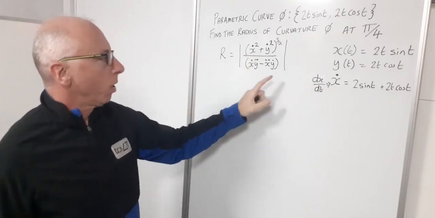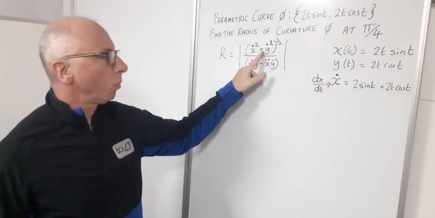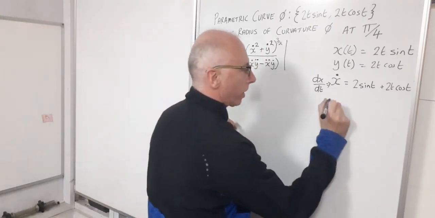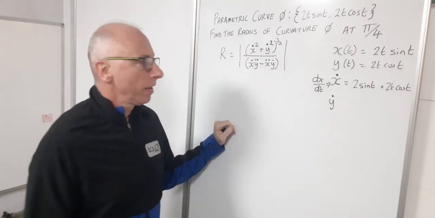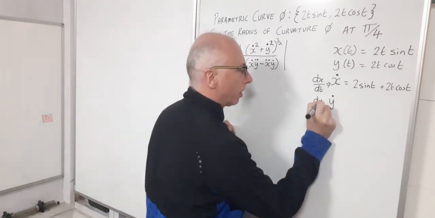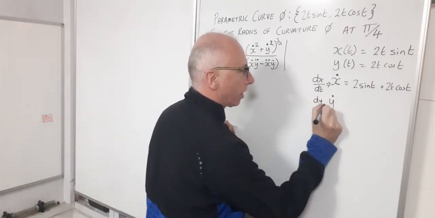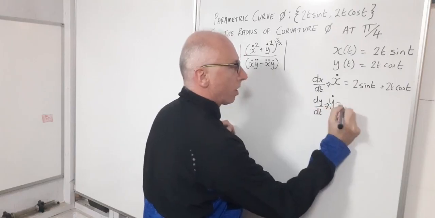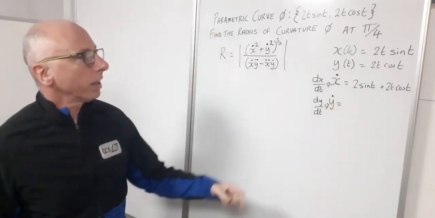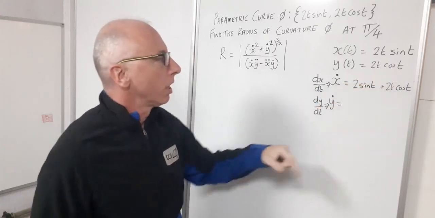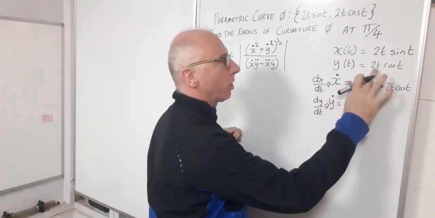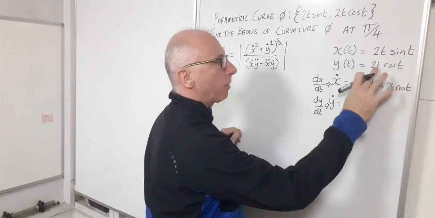And then what we can do now is find the y dot. So y dot, very similar case to x dot, that's derivative of y with respect to t. So y dot, let's take the derivative of this. Again, we've got the product rule. So this time let's keep the cosine, and we'll take the derivative of this.